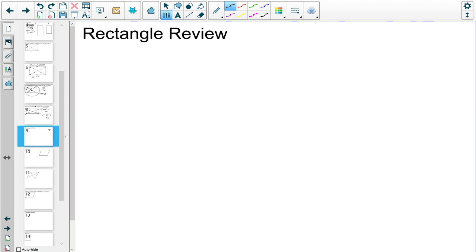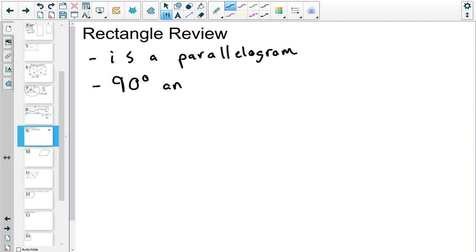So, rectangle review. I know this may seem like we're beating a dead horse here, but a rectangle is a parallelogram. That is very important to understand. All rectangles are parallelograms, but not all parallelograms are rectangles. So what can you use to determine if a parallelogram is a rectangle? Well, you have to check for 90-degree angles and congruent diagonals.